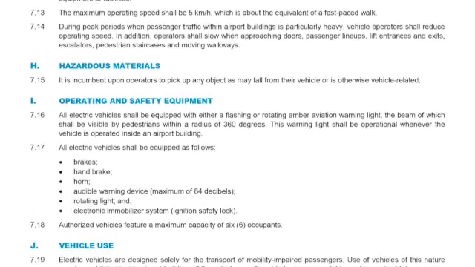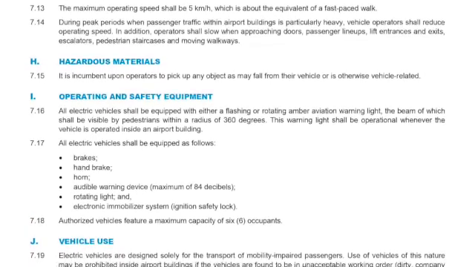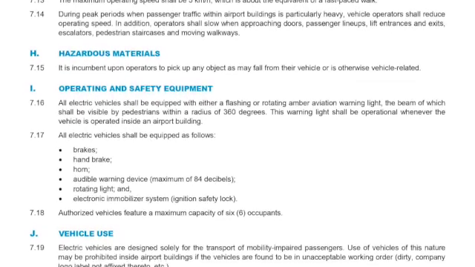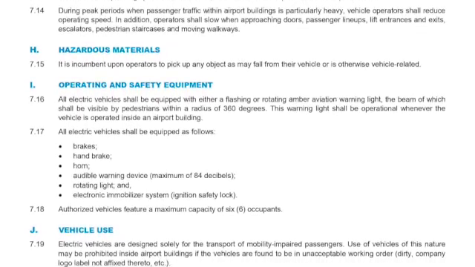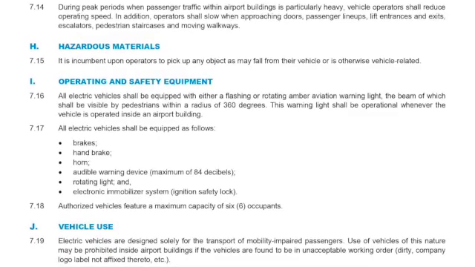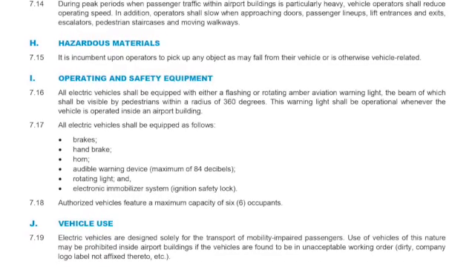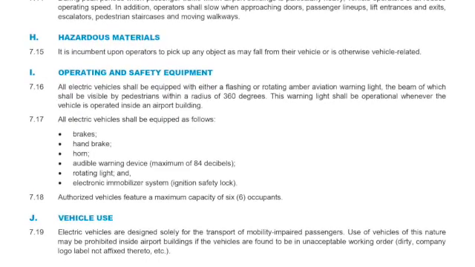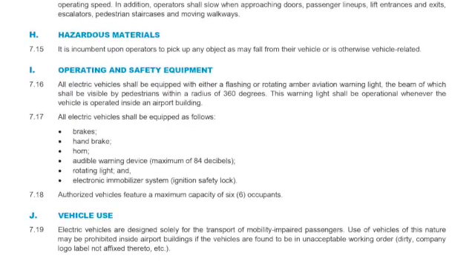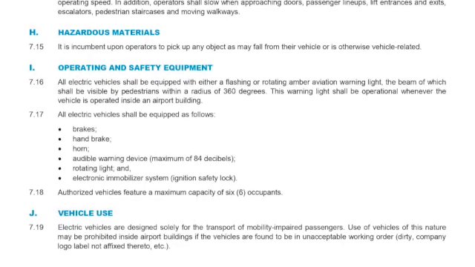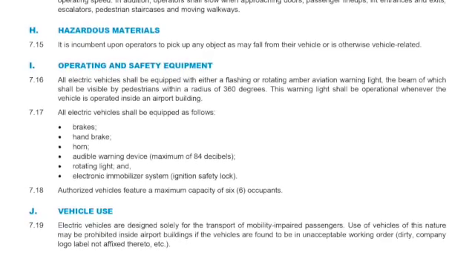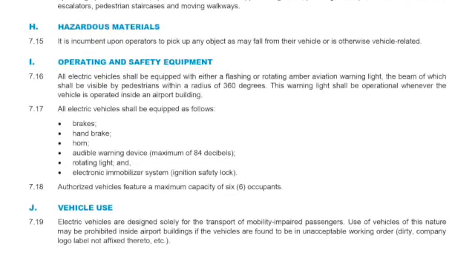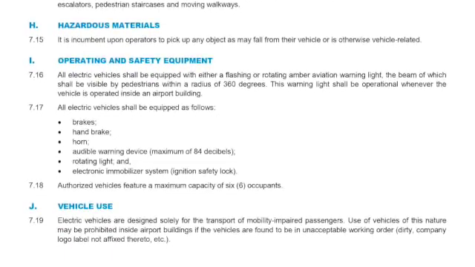All electric vehicles shall be equipped as follows: brakes, handbrake, horn, audible warning device, maximum of 84 decibels, rotating light, and electronic immobilizer system, ignition safety lock. 18. Authorized vehicles feature a maximum capacity of 6 occupants. J. Vehicle use. 19. Electric vehicles are designed solely for the transport of mobility impaired passengers.